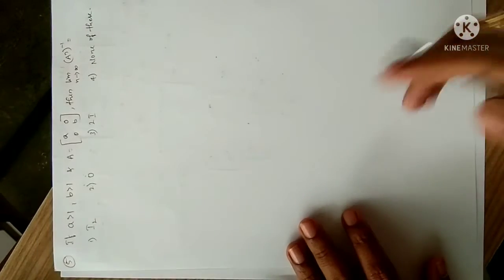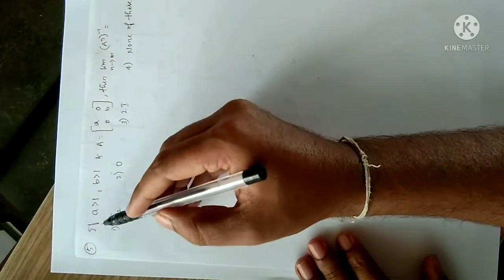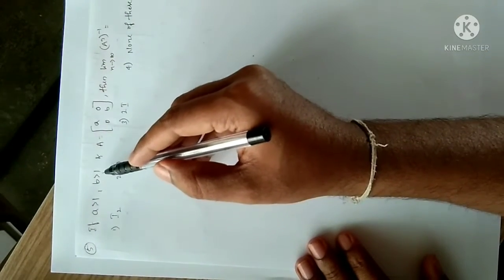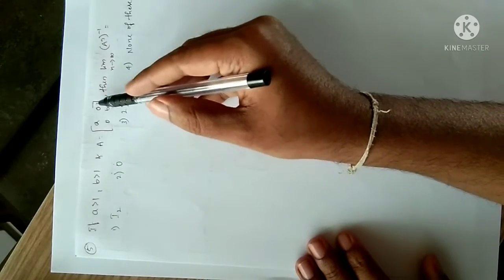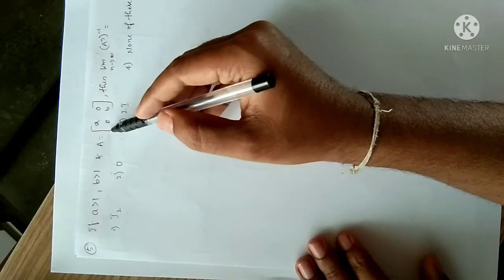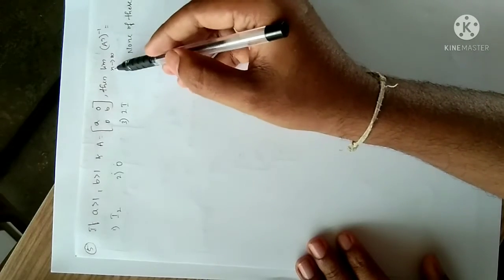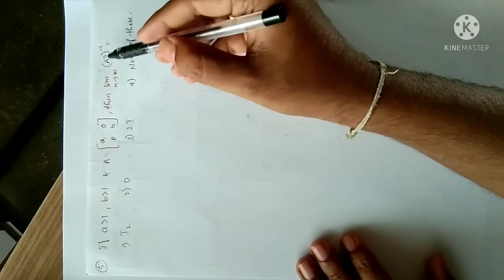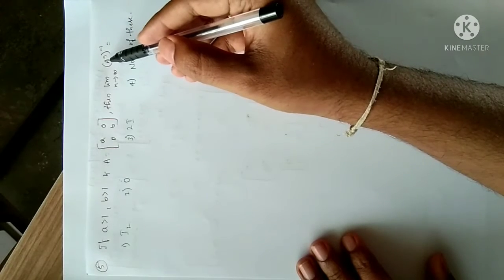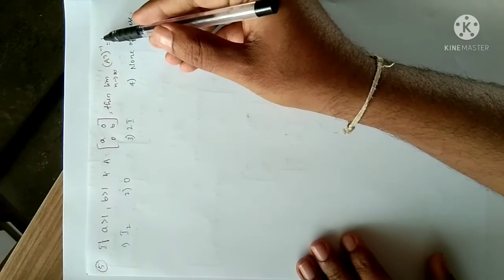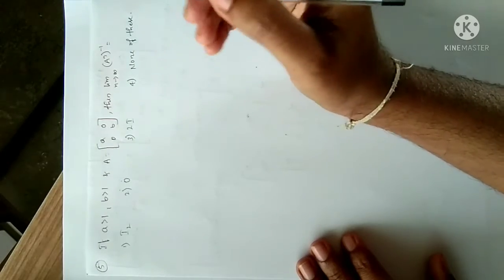Next one is, if a is greater than 1, b is greater than 1 and matrix A is [[a,0],[0,b]], a diagonal matrix, then limit n tends to infinity of A to the power n whole power minus 1. What is A to the power of n inverse when limit n tends to infinity?